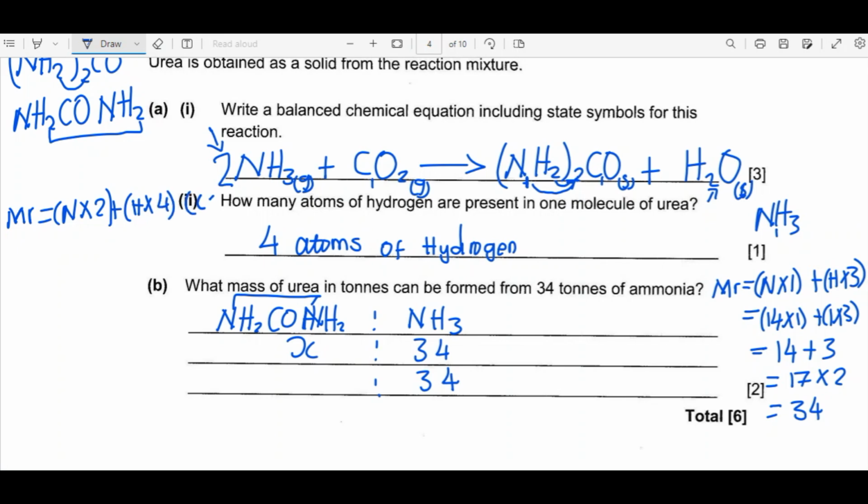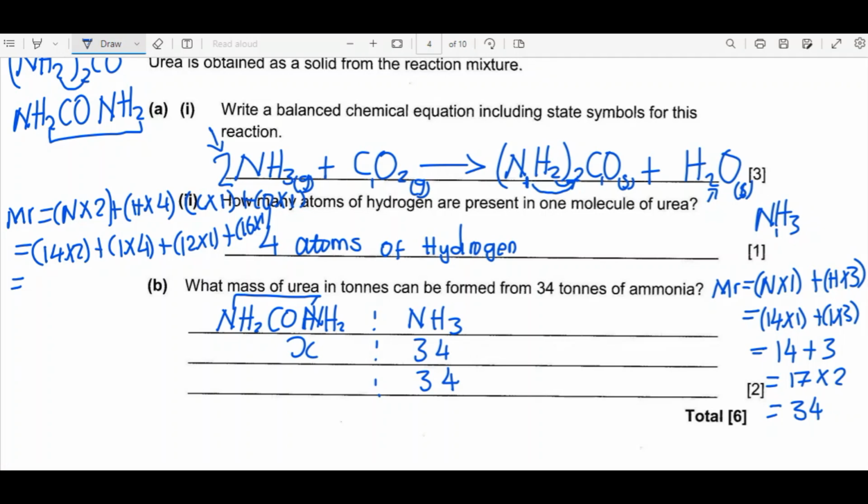Then carbon times 1 plus oxygen times 1 as well. Mass number for nitrogen 14 times 2. Hydrogen 1 times 4. Carbon it's 12 times 1. Oxygen 16 times 1.